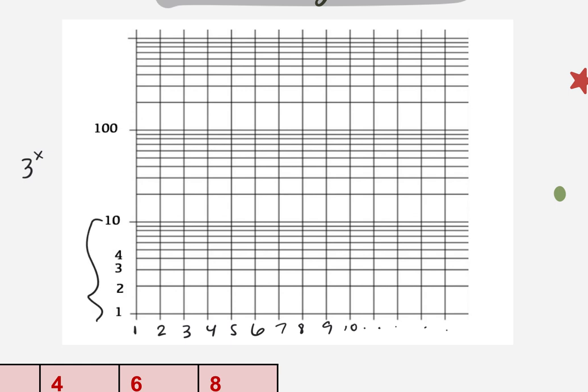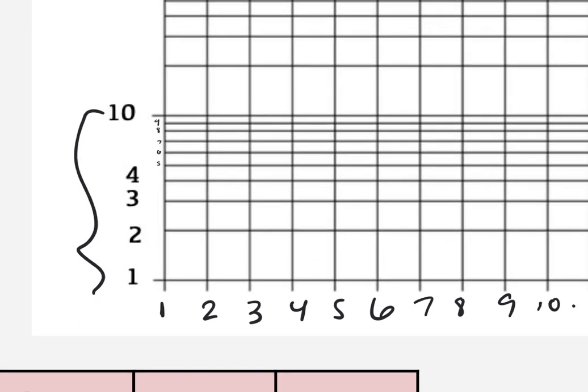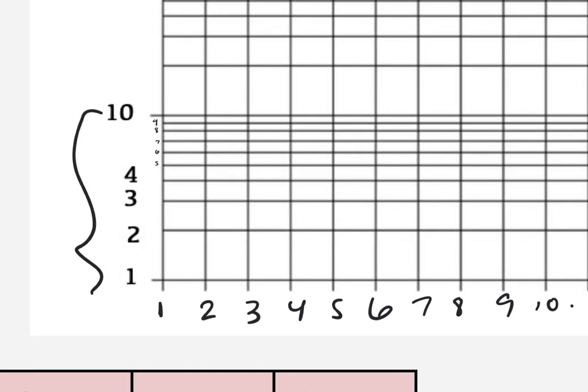So 1 through 10 are graphed as normal. Each one of those lines is 1 through 10. So this little guy would be 5, 6, 7, 8, and 9. Then it jumps to go by 10s. The next range from 10 to 100 goes by 10s. That would be 10, 20, 30, 40, 50, 60, 70, 80, 90, and 100.